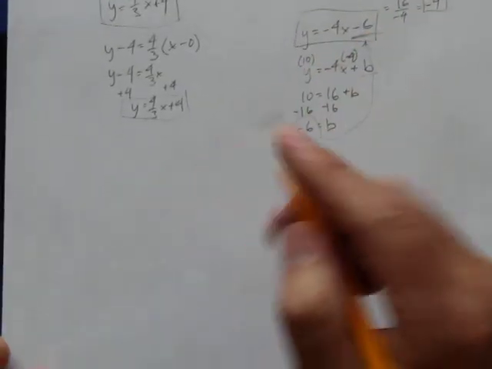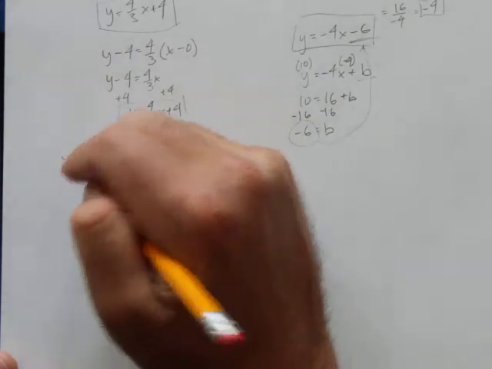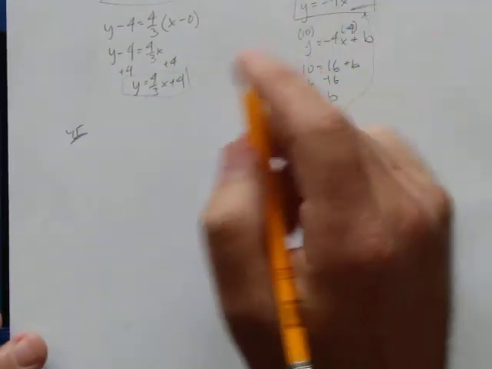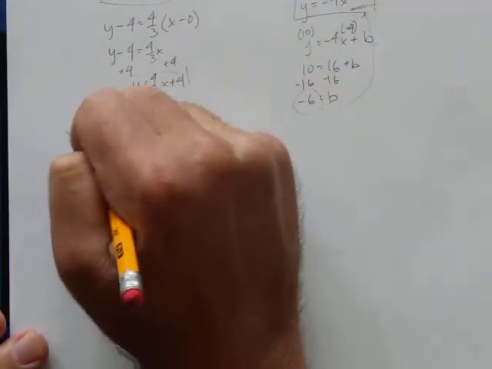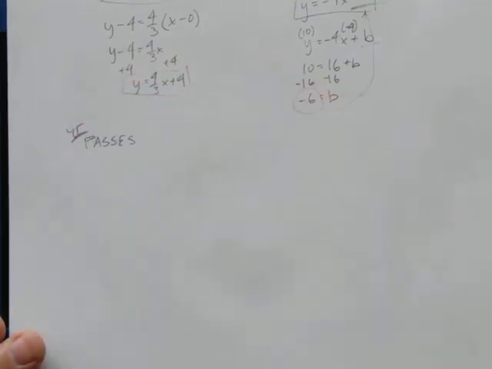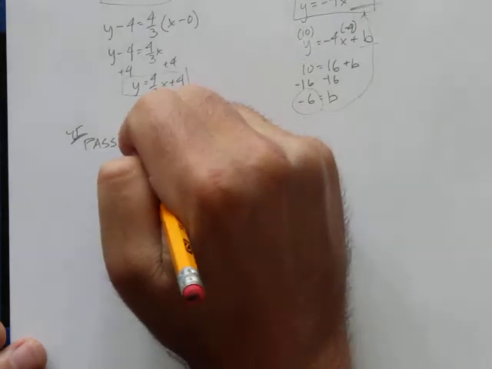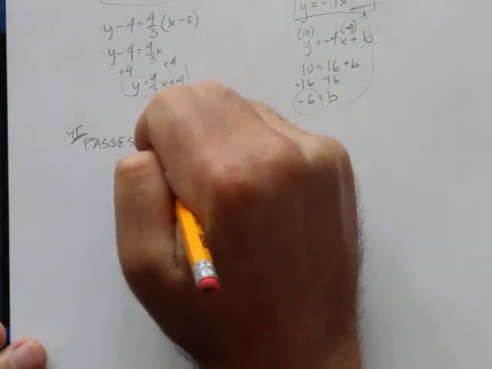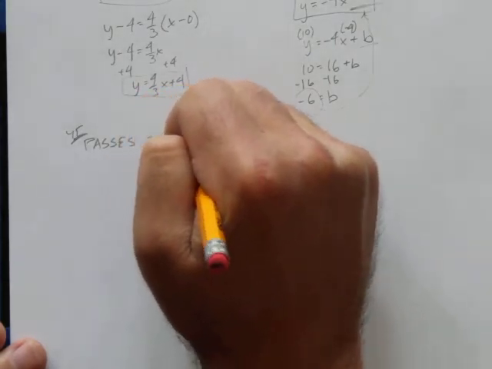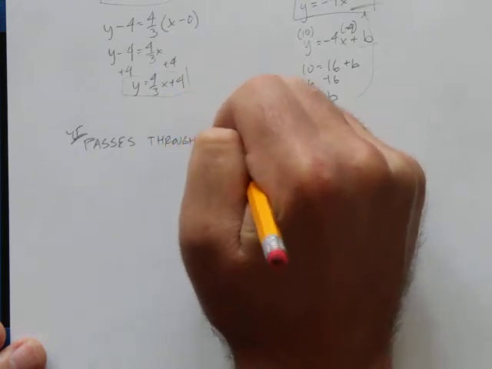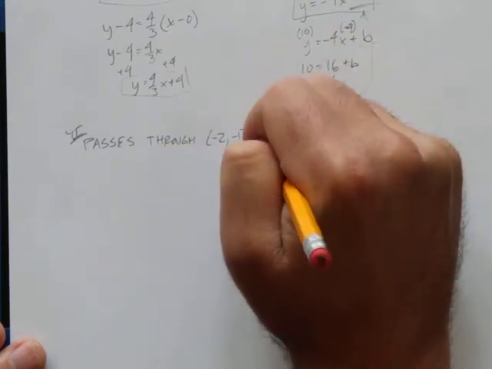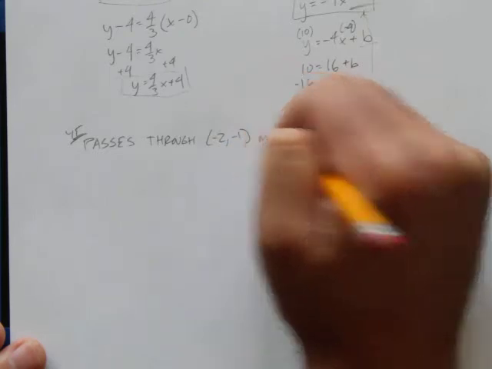All right, let's do a U-try. I want to know, in slope-intercept form, the equation of a line that passes through (-2, -1) and the slope is -3.